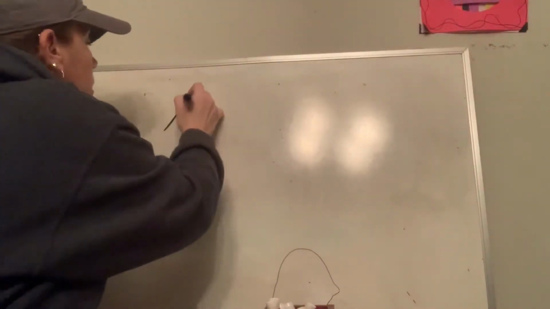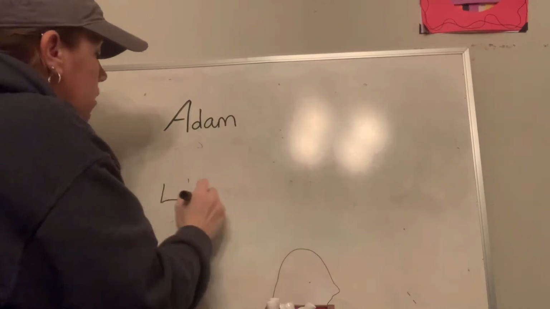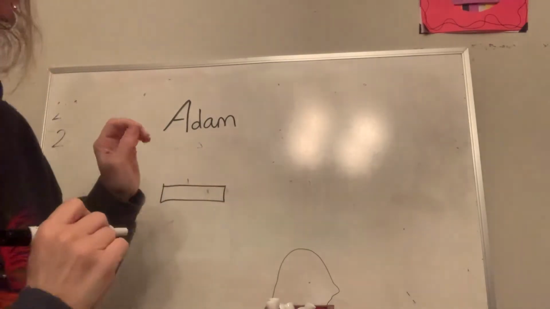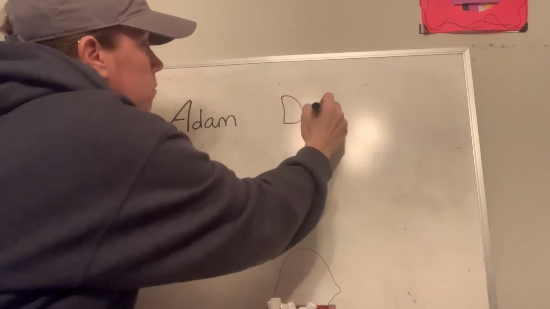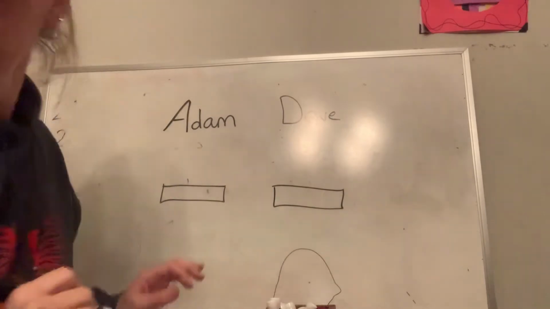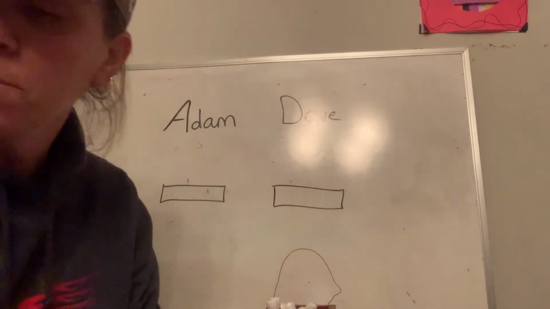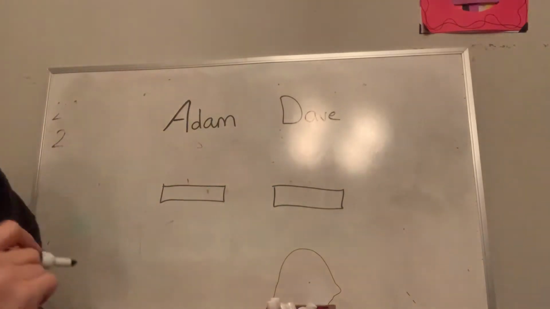So here's Adam, and he's using this machine. And here is Dave, and he's using this machine. Okay. Adam's machines use plates that weigh 7 kilograms each.